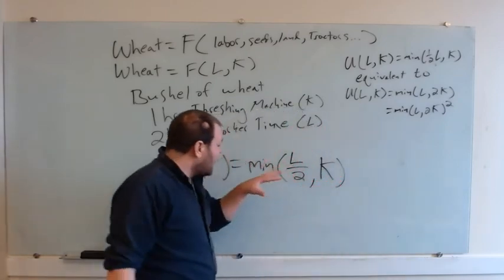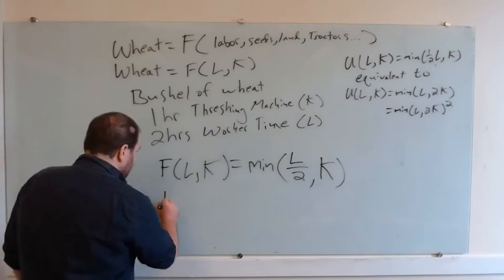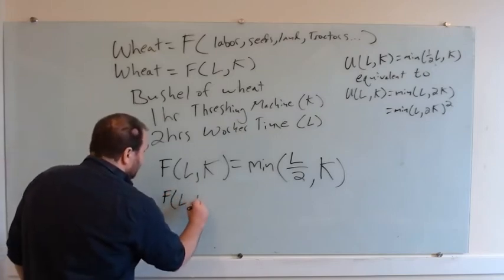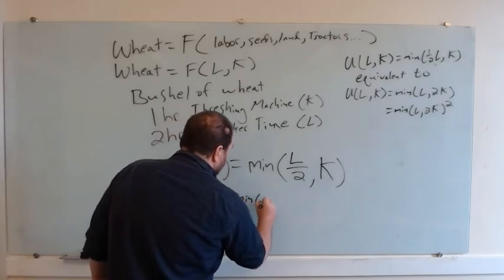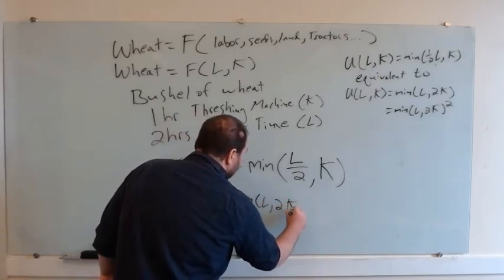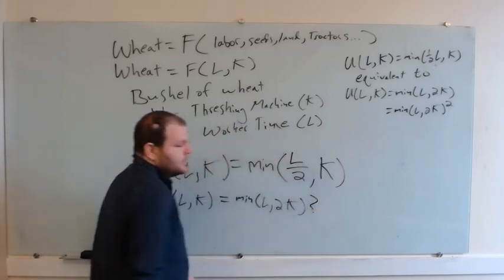Is that true of our production functions? Is this equivalent to f of L and K equals the minimum of L and 2K? Think about that for a second.